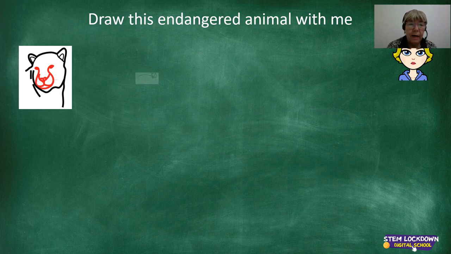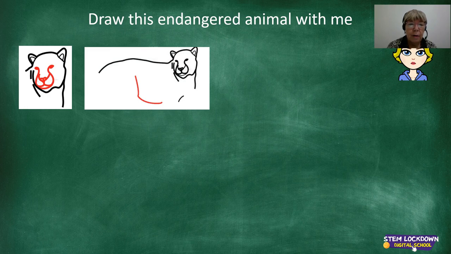Good. Now let's go on and draw the animal's back and a part of its stomach there. Got that part? Good. What do you think we're going to draw next? Would you think legs?